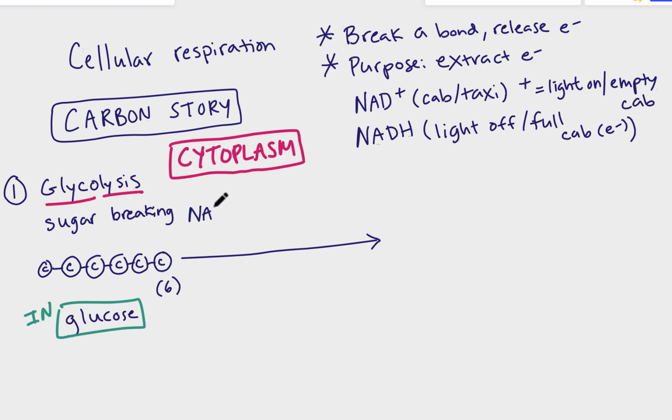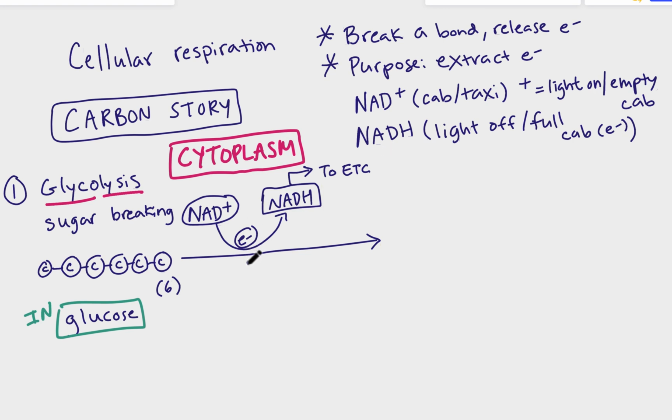The empty cab with the light on, NAD+, picks up its electron passengers, and it leaves as NADH, a full cab. And we're going to see that over and over again, where does NADH take the electrons? They go to the ETC, or electron transport chain. There's a lecture about the electron transport chain that you can also watch.